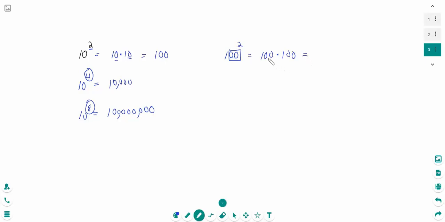You're just going to add these zeros up. We have 4 zeros total, so it's going to be a 1 followed by 4 zeros, which would be 10,000. Or if you want to go back to the exponent version of this, 100 raised to the second power, we're just taking those zeros and we're doubling them. All right, just think of doubling those zeros.